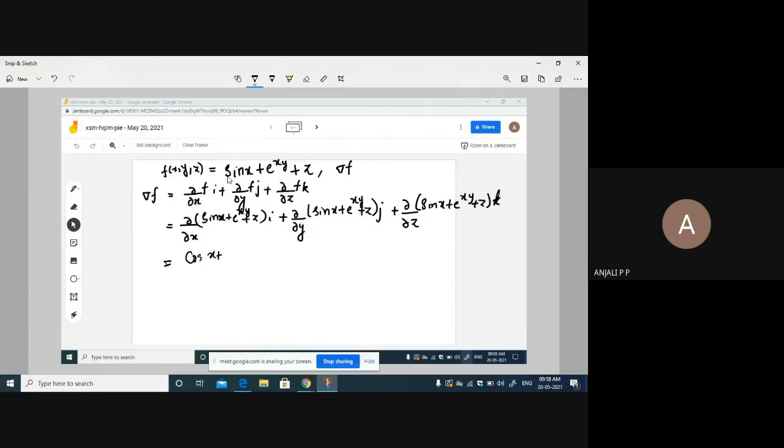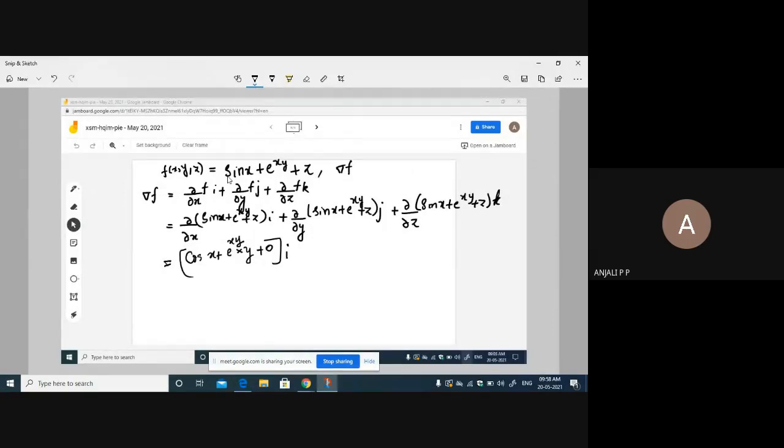Here you consider y as a constant. The derivative of the exponential function is the exponential function itself, so it is e raised to xy into the constant, which is y. Plus z: z is a constant now, with respect to x we are treating z as constant, so the derivative of a constant is 0. This is the first term.